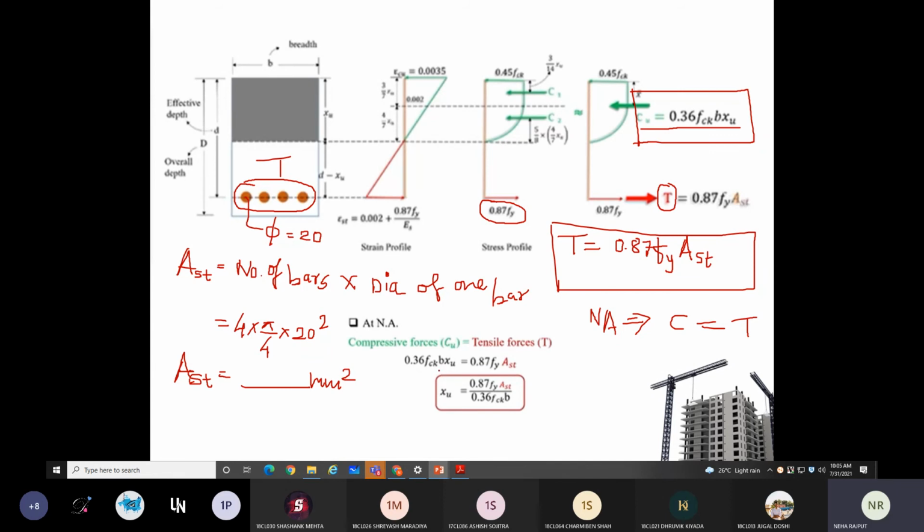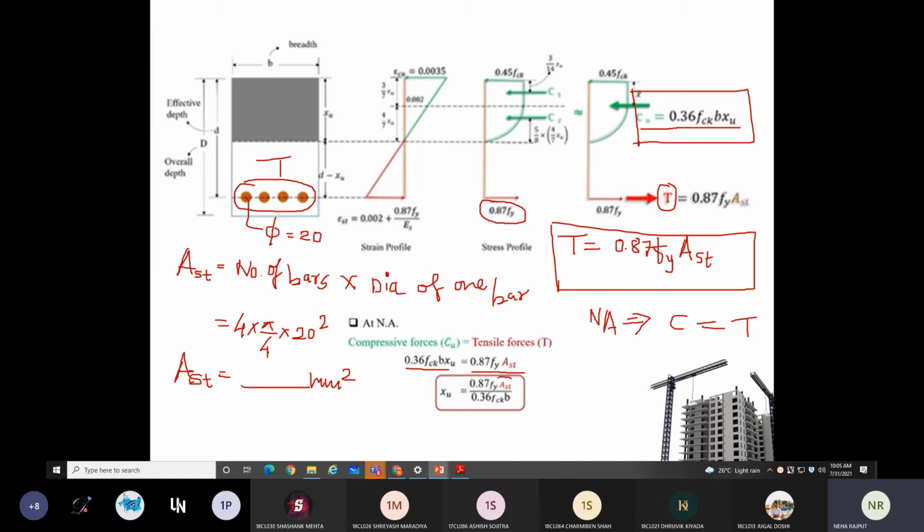At neutral axis, compression is equal to tension. Right. So put the value of C, 0.36 fck b xu, and tension, 0.87 fy Ast. Formulate this equation: xu is equal to 0.87 fy Ast upon 0.36 fck into b. Now look at this equation, comparing with the limiting value of depth of neutral axis.